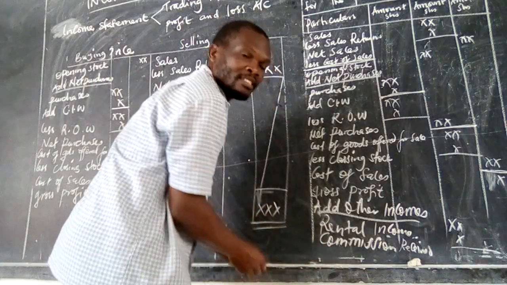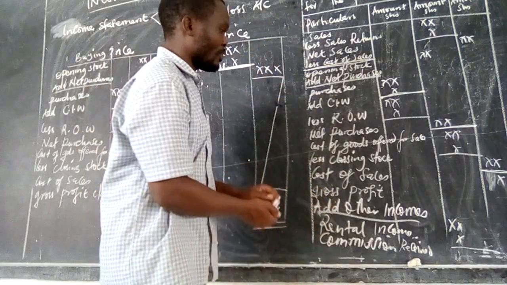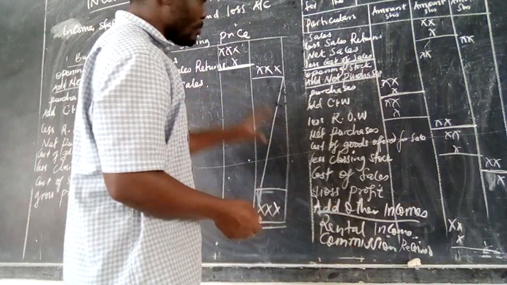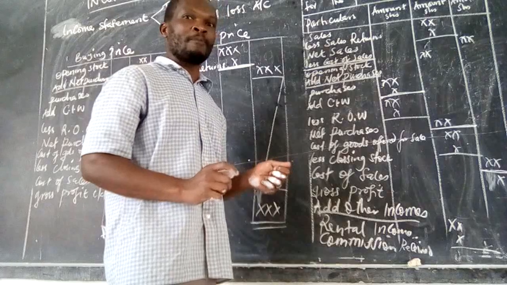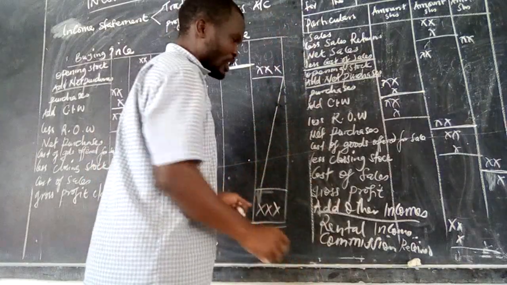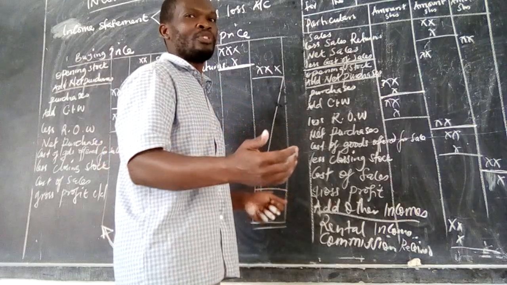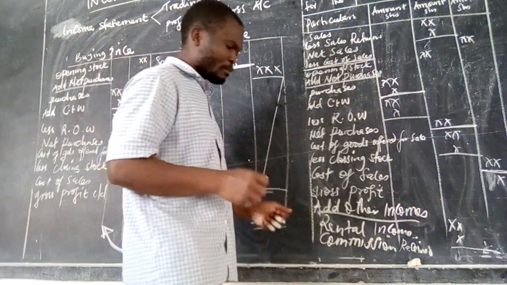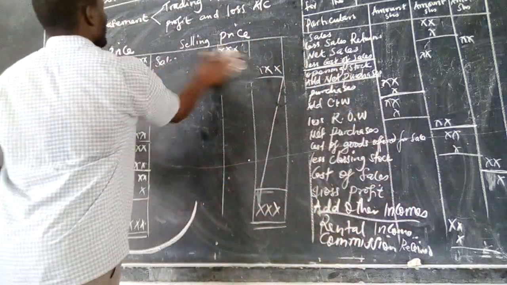Because of space, I'm going to continue this step on this side, but remember that if you write on the page, it has to be on the full page. At least in most cases, it will take a full page.